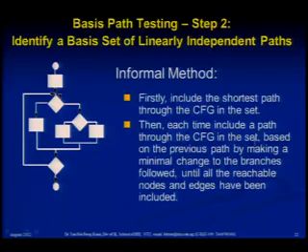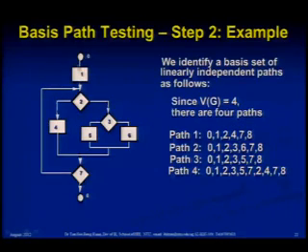Firstly, we include the shortest one, like in this case. Path 1: 0, 1, 2, 3, 4, 7, 8. This is the shortest.